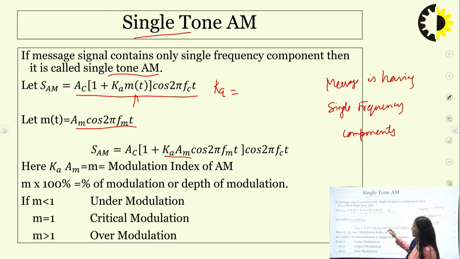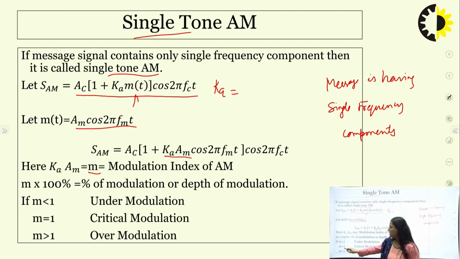Now KA AM is equal to M, and this M is the modulation index of AM, right? The modulation index is basically the depth of the modulation, how your modulation is taking place, and it is found through the value of M. If M is multiplied by 100%, it is called the percentage of modulation or depth of modulation. M has three cases: equal to 1, greater than 1, and less than 1.